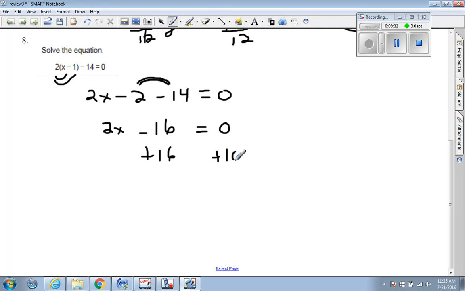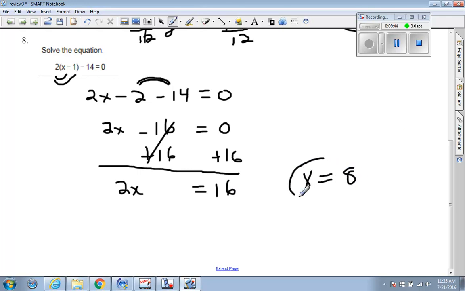Again, using the add up property of equality. So now I have 2x equals 16. And you want to do the mental math. You're thinking x is 8. Which is good. If you want to write out a step, you divide. Now you use the division property of equality and divide both sides by 2. So you'd have x equals 16 divided by 2, which is 8. Okay. Let's head to the next one.